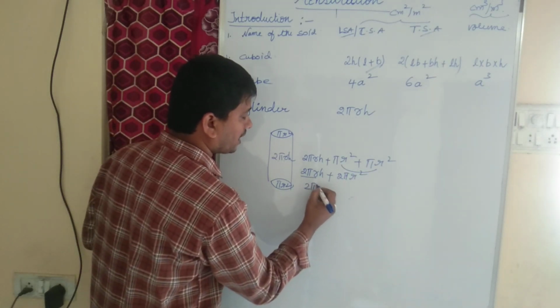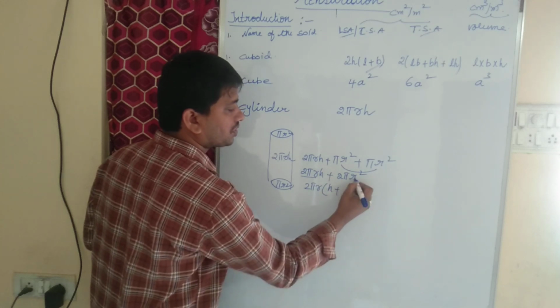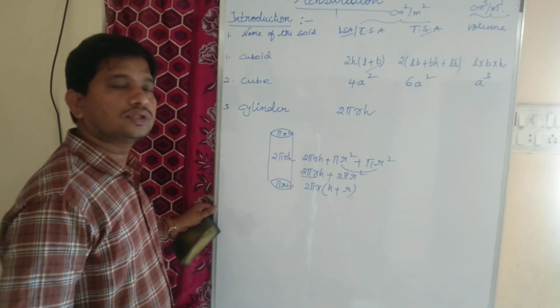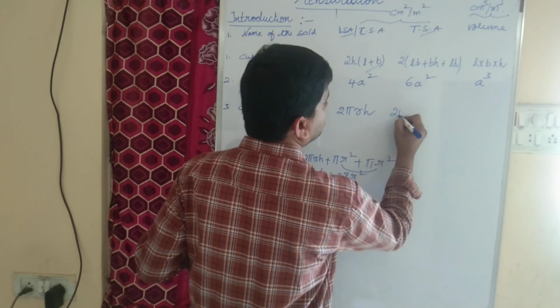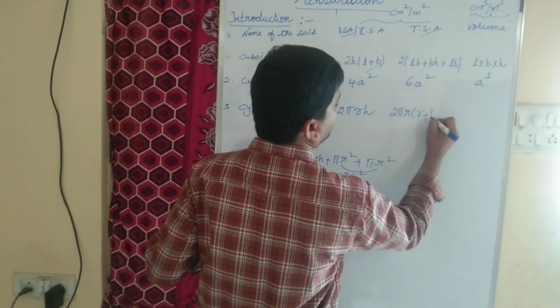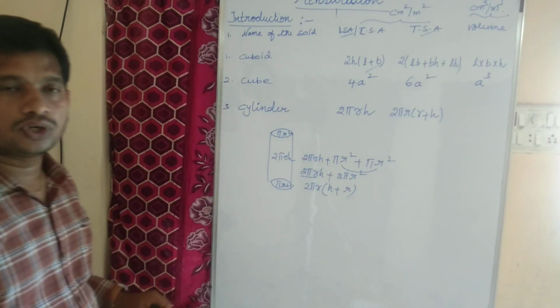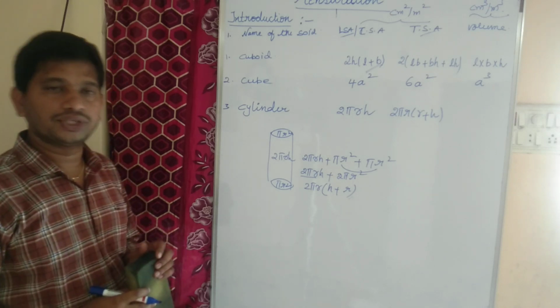I can take 2 pi r as common. Here we have h, here we have r. So children, what is the total surface area of a cylinder? 2 pi r into (r plus h), right?